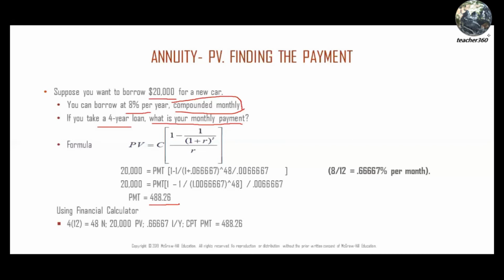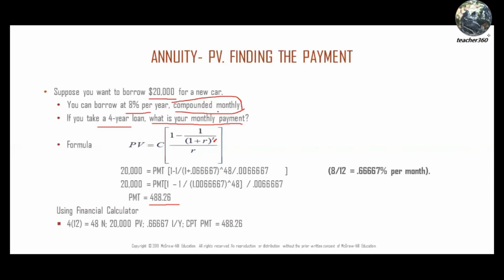Another thing you have to remember is that for interest, you divide by the number of months, but for the number of periods, you have to multiply your number of years by the months, as it is mentioned here, compounded monthly.